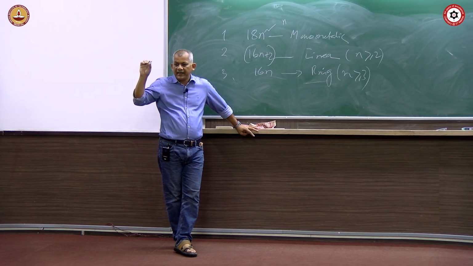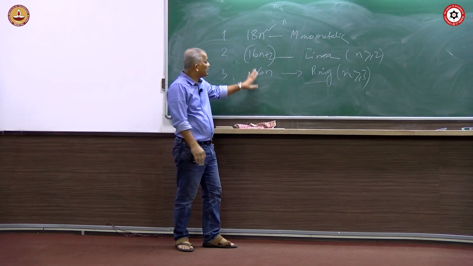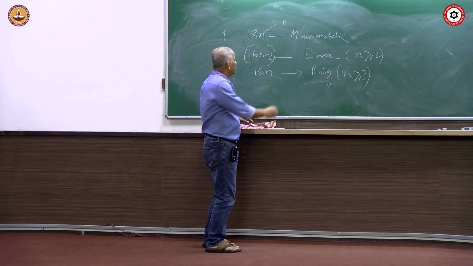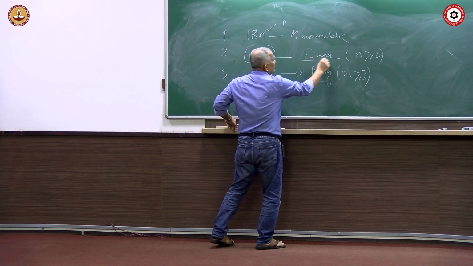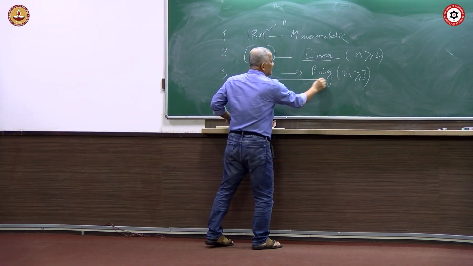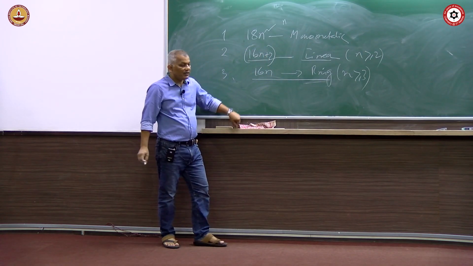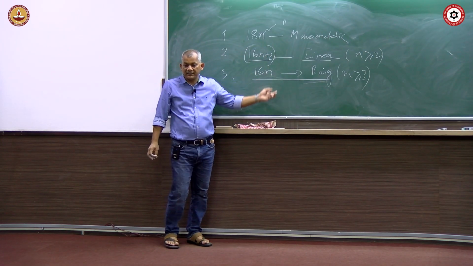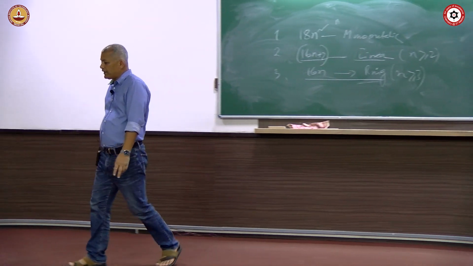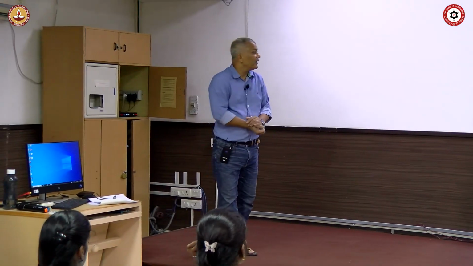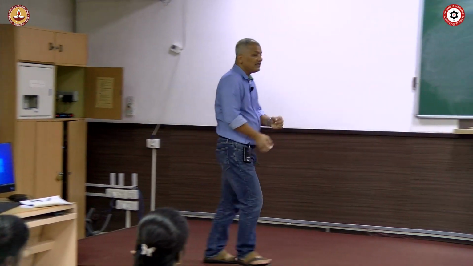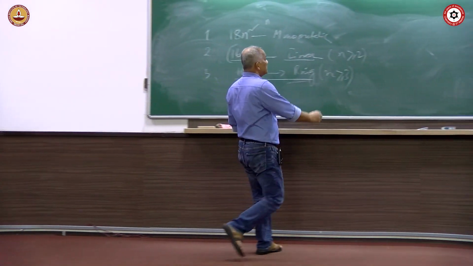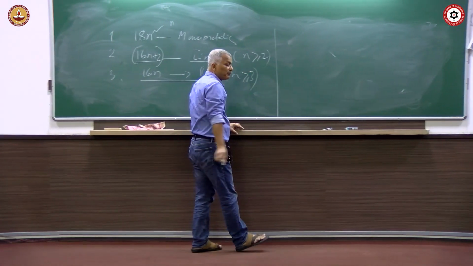You have a trigonal bipyramid, you have 5 vertices, and so on and so forth. So in this case, if you have this formula, then it's linear. If you have 16n, then you have a ring compound in which n equal to number of vertices. So now, utilizing this, you can predict what would be the structure or the geometries of those molecules.